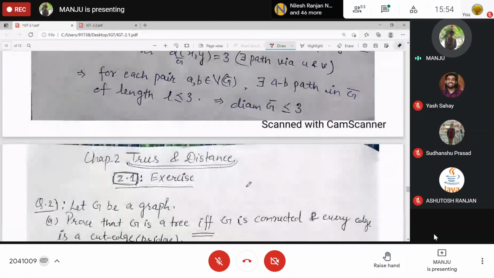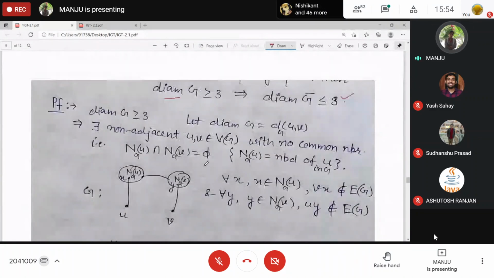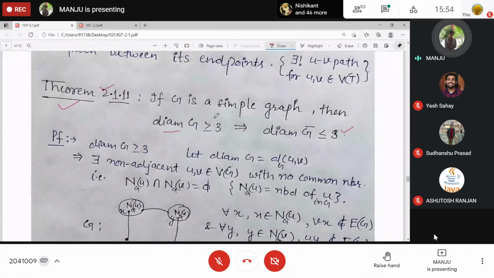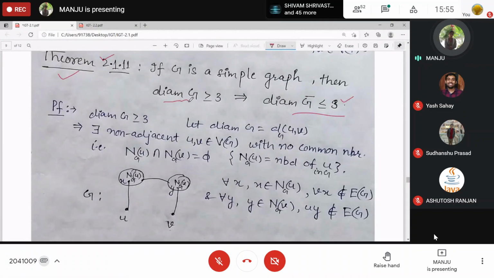Tomorrow we'll be solving these questions 2.1. Now we need to show that if G is simple and the diameter of G is at least 3, then its complement's diameter is at most 3. So what is given? What is the definition of diameter?